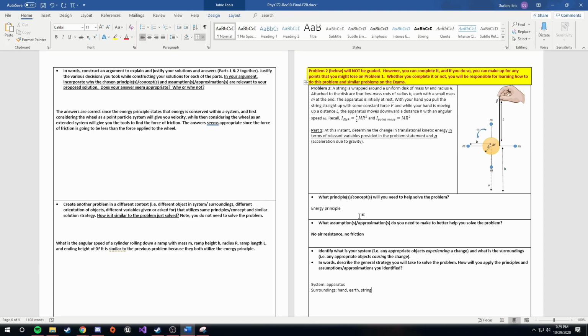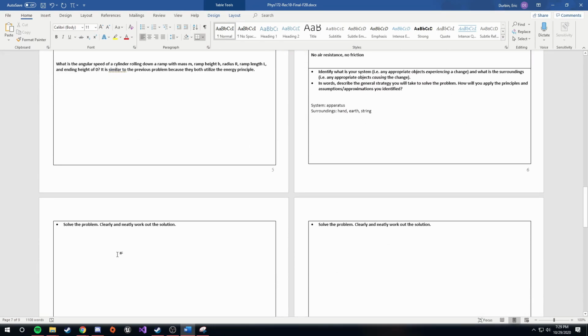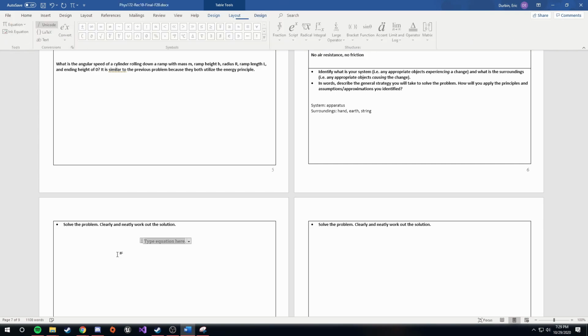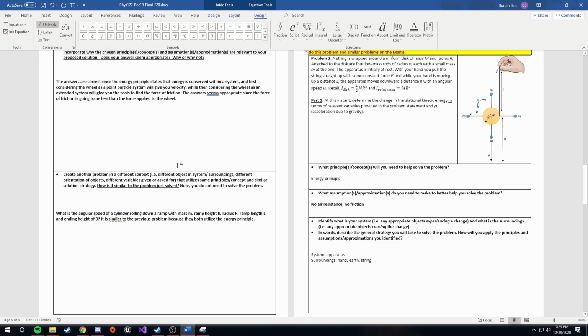Okay, so translational energy is just work done. So that's just going to be the work done by gravity, and then the work is just... wait, it's not actually moving, is it?